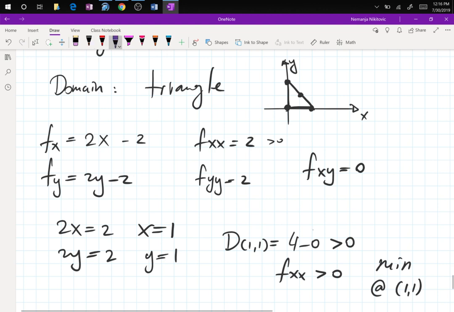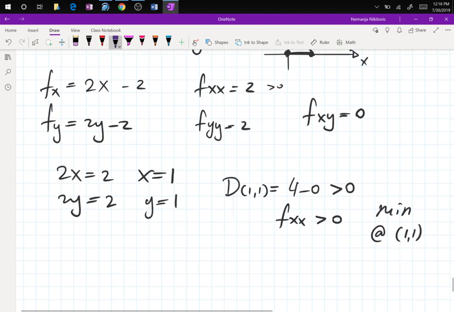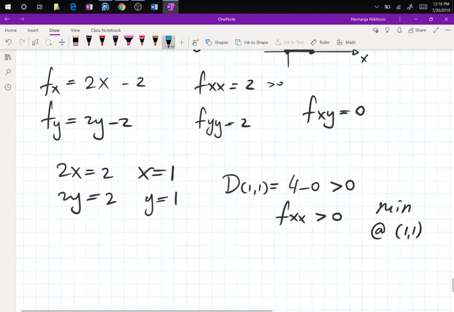So now let's do blue. What's the new boundary?